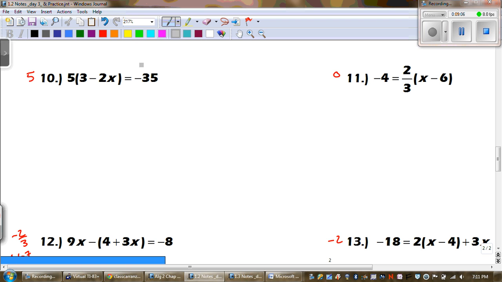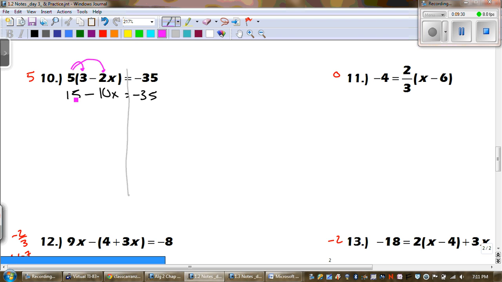All right, number 10. 10, we've got parentheses and a number outside. You always look inside to see if you can simplify, which you can't. So then we need to multiply. 5 times 3 is 15, and 5 times 2 is 10.